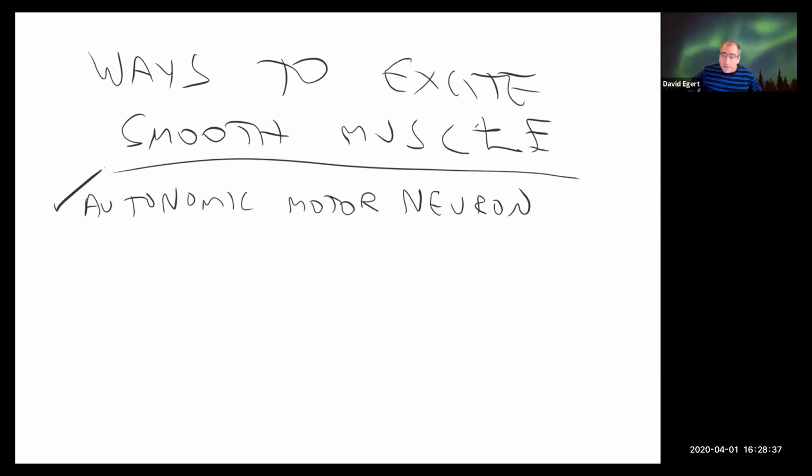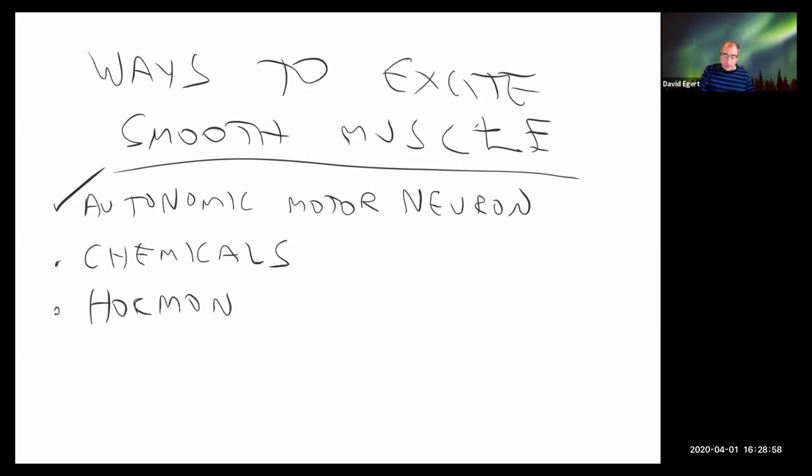But lots of other things can do it. Chemicals. We're going to see when we look at the cardiovascular system soon that just levels of oxygen or carbon dioxide or things like that can excite or relax smooth muscle. Hormones. It's kind of a chemical, right?